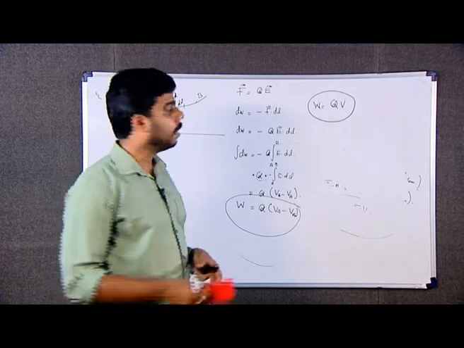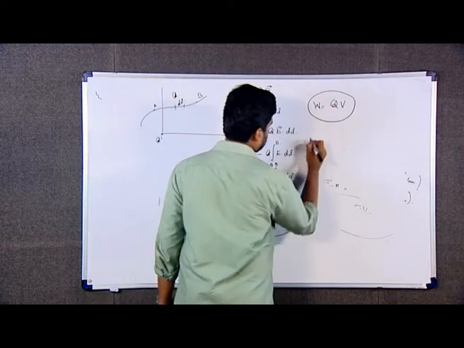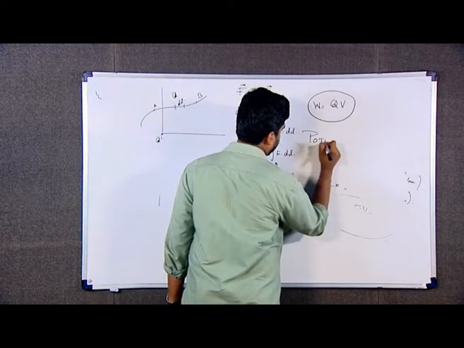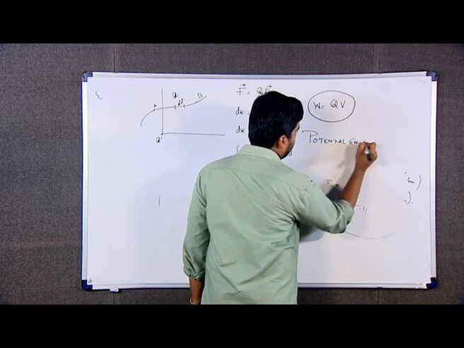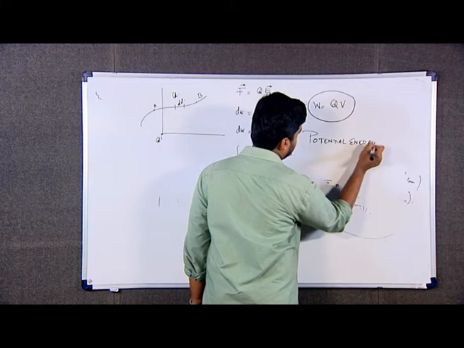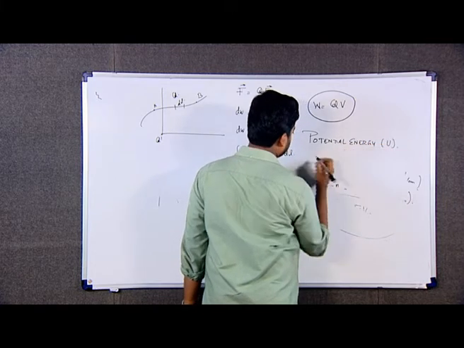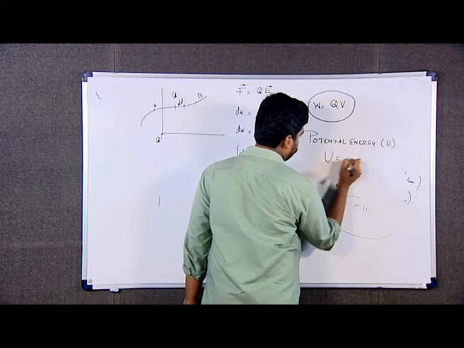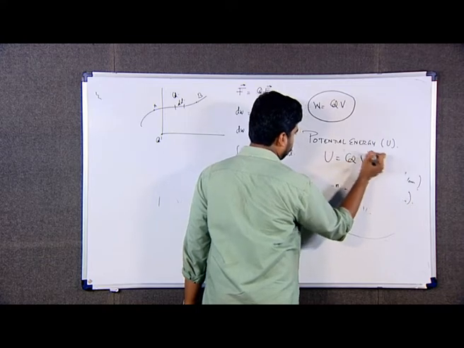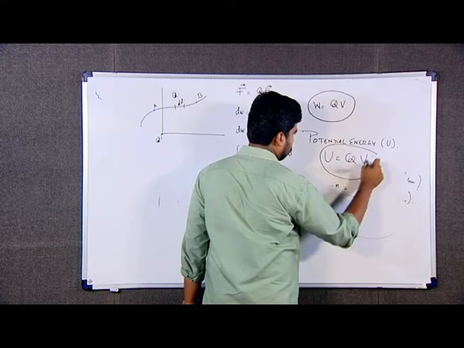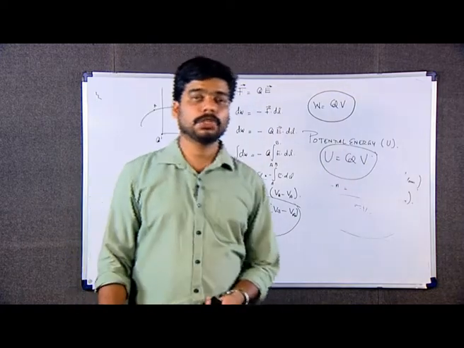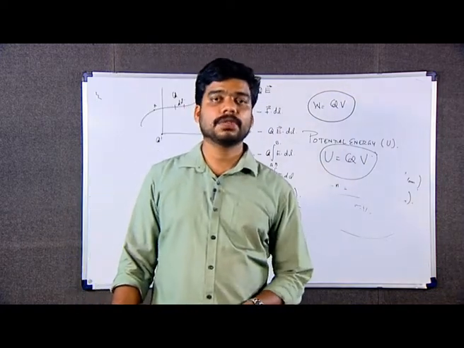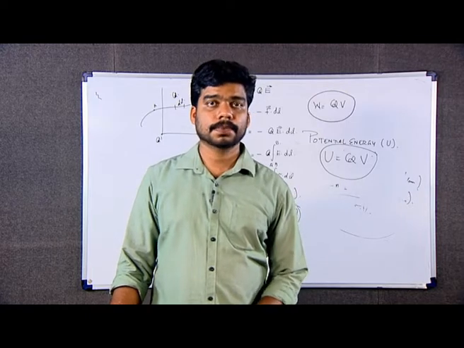And this work done, now we will call it the potential energy, and it is represented by the letter U. So, U is equal to Q into V. This is the expression for the potential energy, and its SI unit is joule.